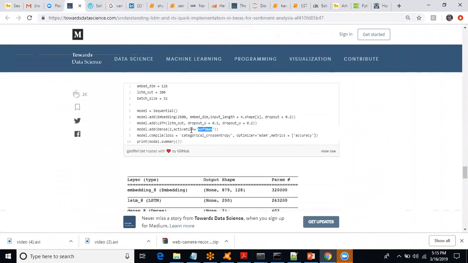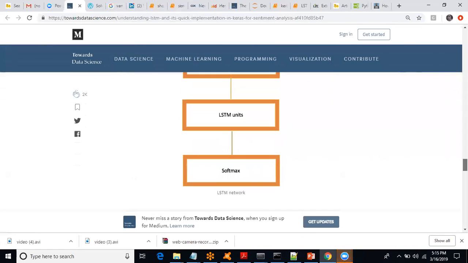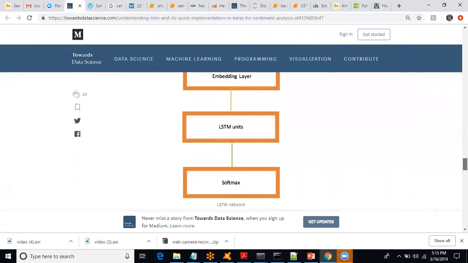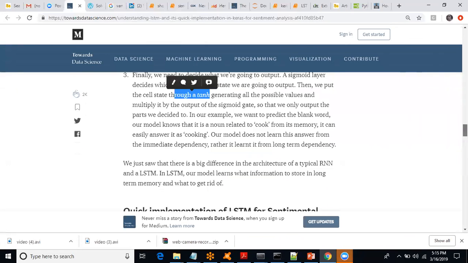There is one activation function required for the whole network, and tanh is working on individual units, LSTM units. Inside the LSTM we have the tanh activation function. And where is sigmoid? Here, inside units, individual units. So there may be many units, right?